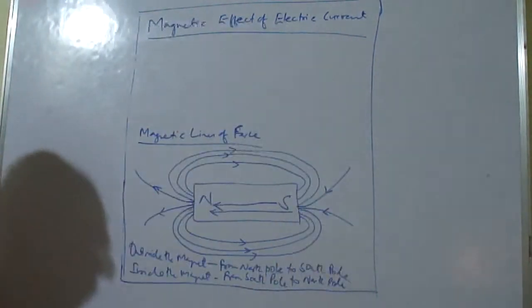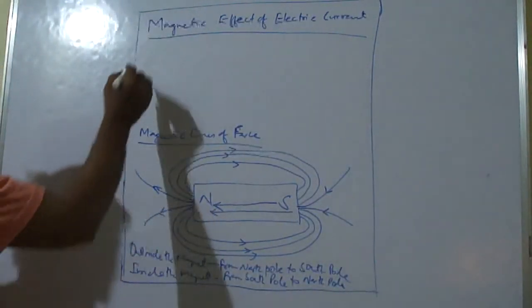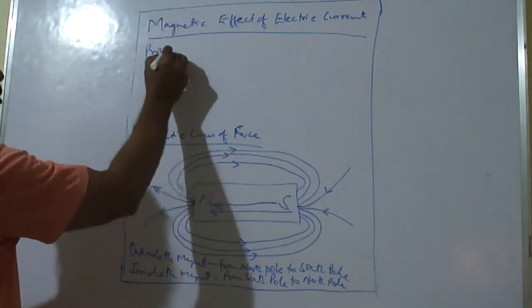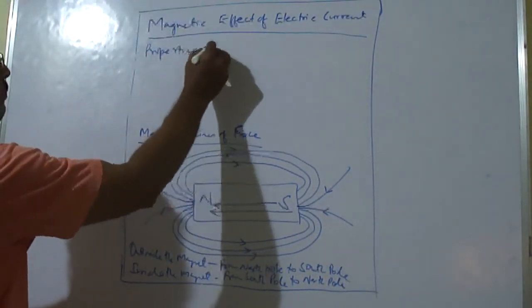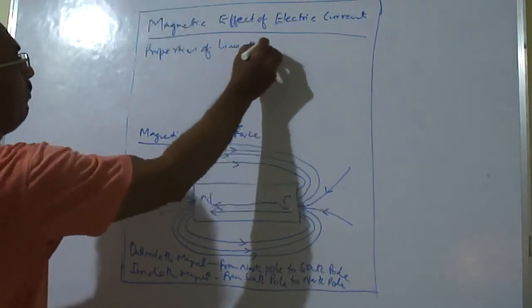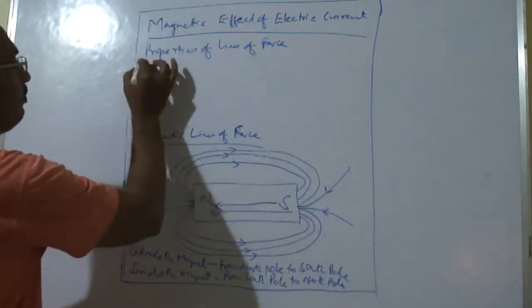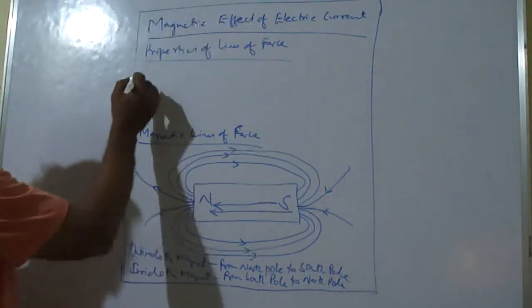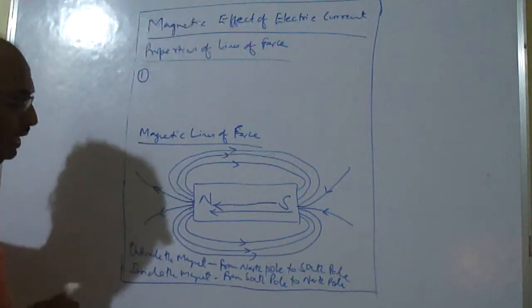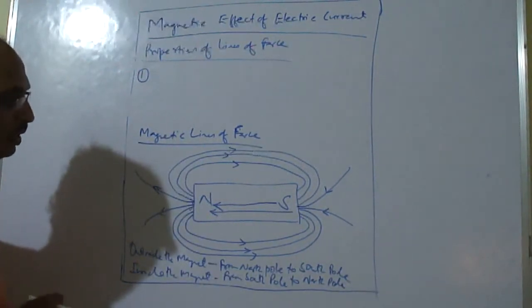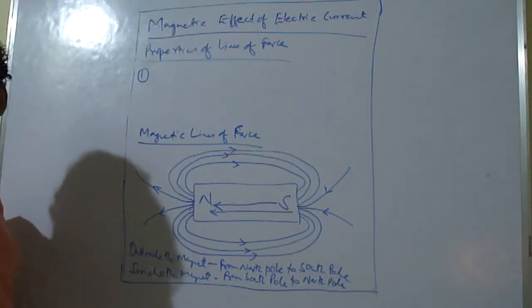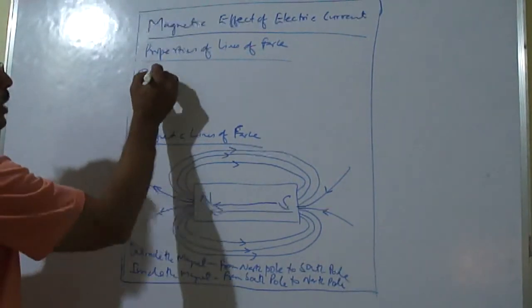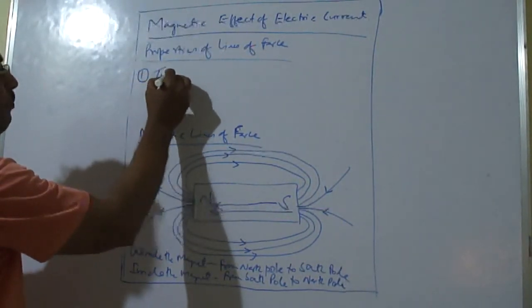Now we will discuss properties of lines of force. We can write that no 2 lines of force intersect each other.